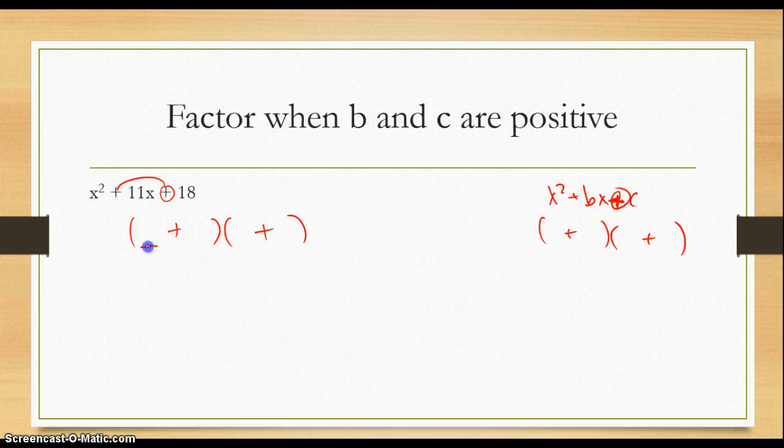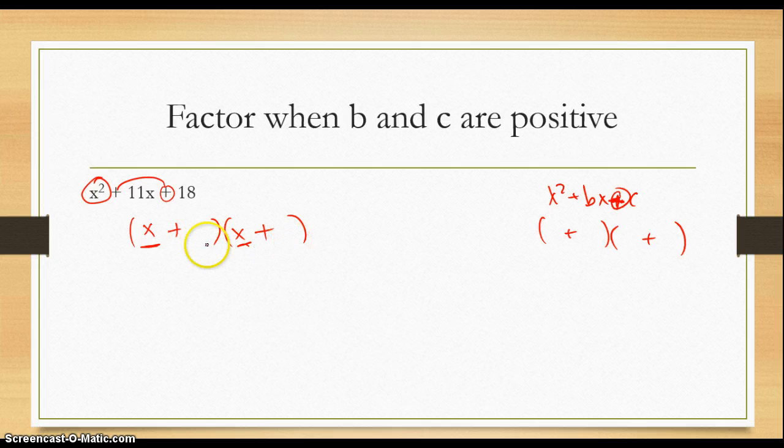Now, what makes up the front of my parentheses is what is created here. So how do I get x squared? Well, I get x squared by multiplying x times x. So the first part of that trinomial makes up the front part of my parentheses.